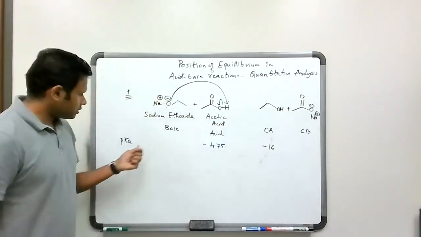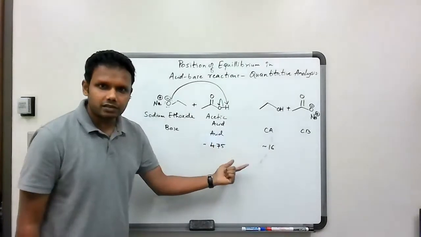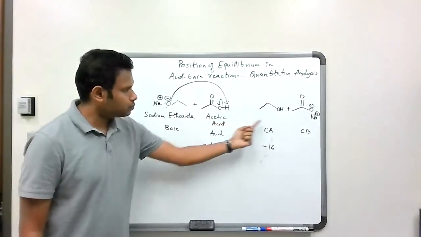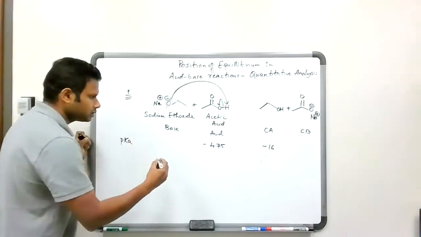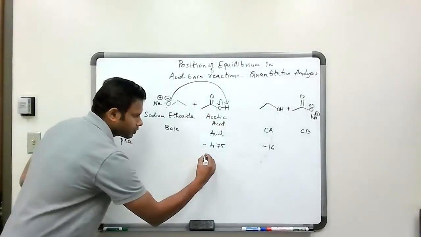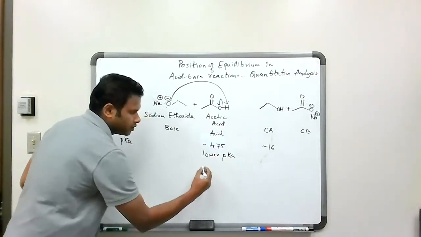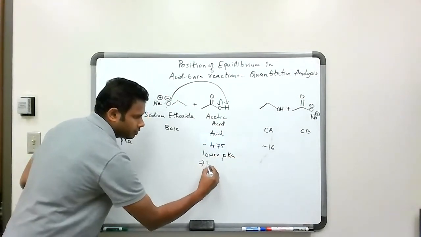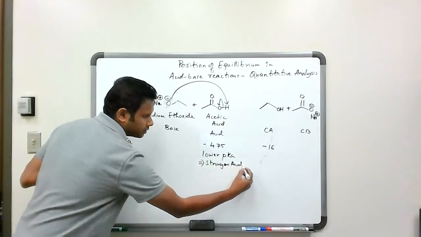Now, based on this pKa value, we should be able to predict which of these two acids is the stronger acid. So the way pKa works, just as a review, this is a lower pKa, which means this is a stronger acid.